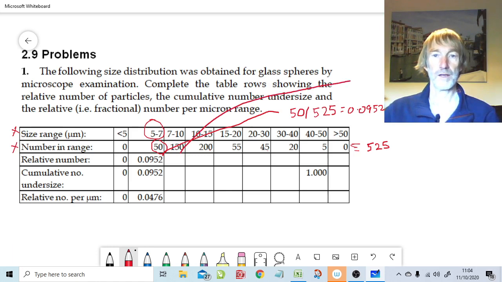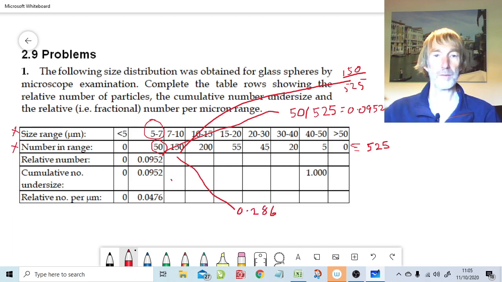Let's just try the next one. So if we do the next one, we have 150 particles in the range. Again, we're dividing by 525, the total number of particles present, and 150 divided by 525 is 0.286, near enough 0.286. So the relative number here is 0.286.